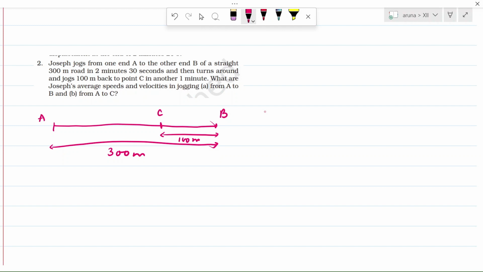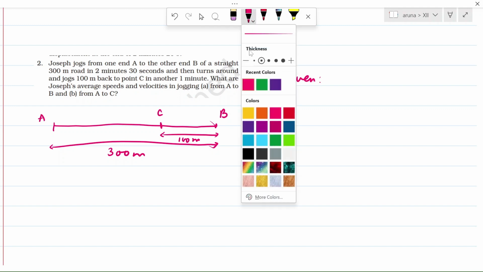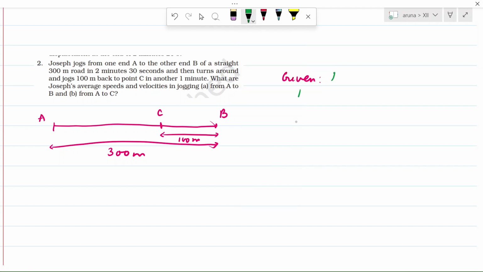So this is the situation. Joseph goes from A to B and then from B to C. So this is the way he covers the path. So we are given the length of the path. I'll write it like this: AB as 300 meters and BC as 100 meters.